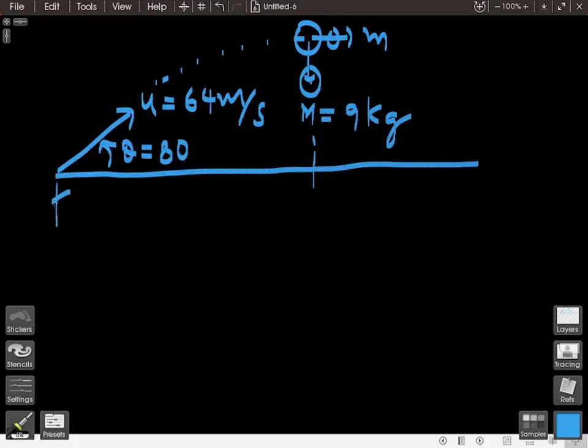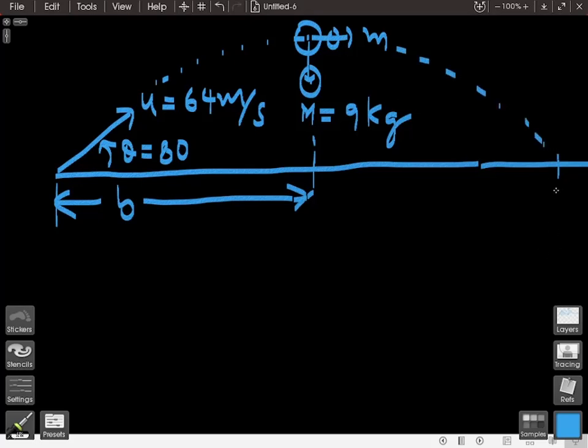Suppose it falls at a location B. This corresponds to the maximum height of the projectile, so this will be half of the range. If the shot had not exploded, it would have fallen at a distance R. So this B is basically R by 2.